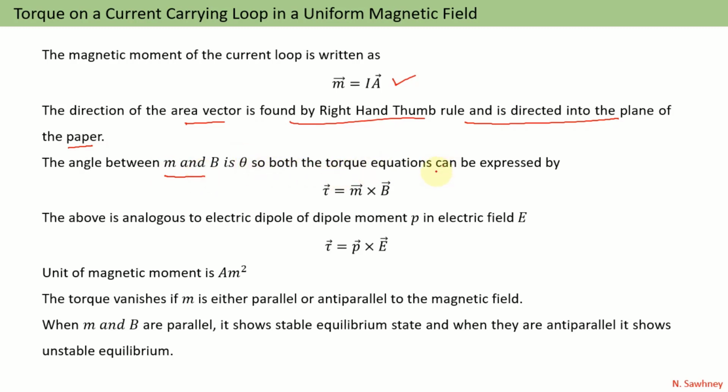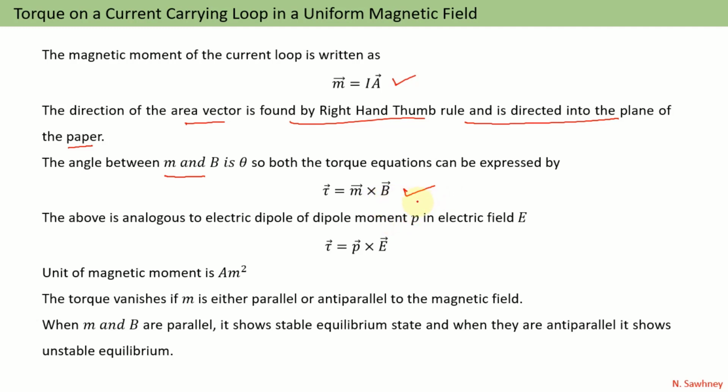So the torque equation can be written as M cross B, because it will satisfy both the cases. In the first case it is perpendicular, so it will come out to be MB, and in the second case it will be MB sine theta.